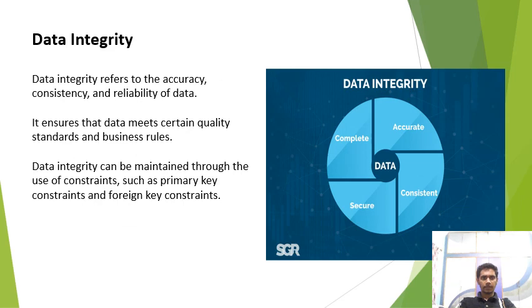Data integrity. Data integrity refers to the accuracy, consistency, and reliability of the data. It ensures that the data meets certain quality standards and business rules. Data integrity can be maintained through the use of constraints such as primary key constraints and foreign key constraints.